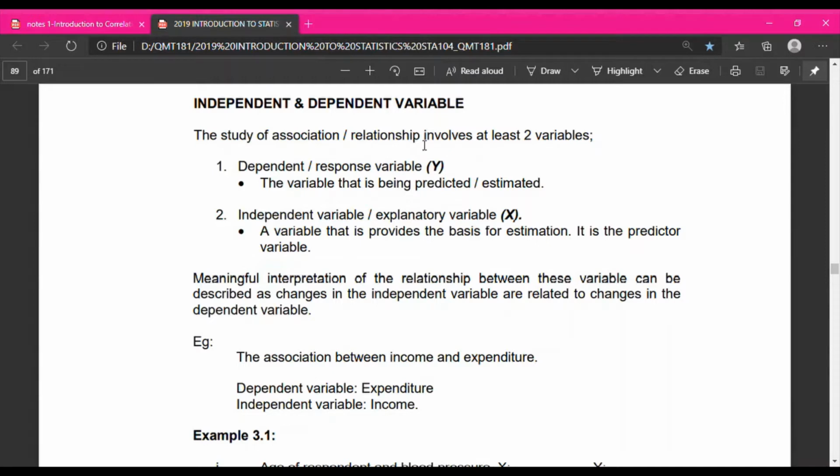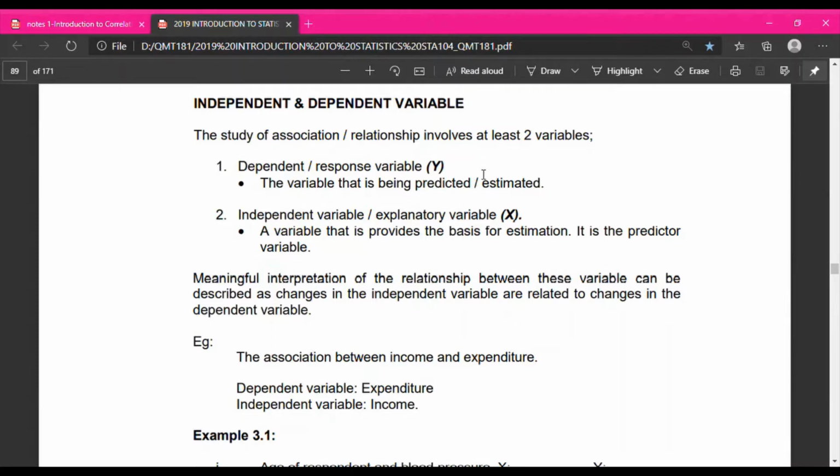Usually we will write the notation for the dependent variable ataupun the response variable as y. Okay, so y adalah dependent variable, which is the variable that being predicted ataupun estimated. So kita akan predict the y, so kita boleh nak estimate the y. So y ni adalah response variable.